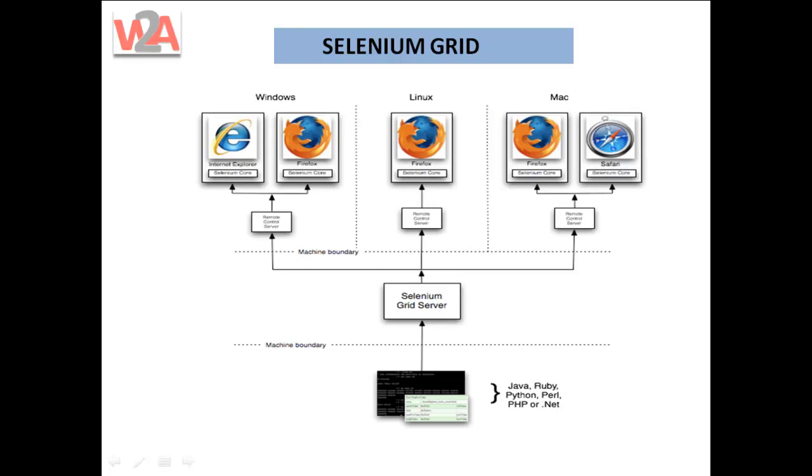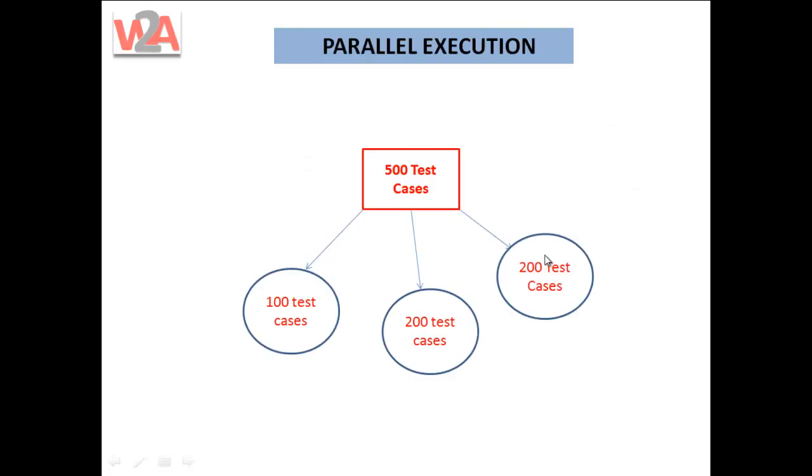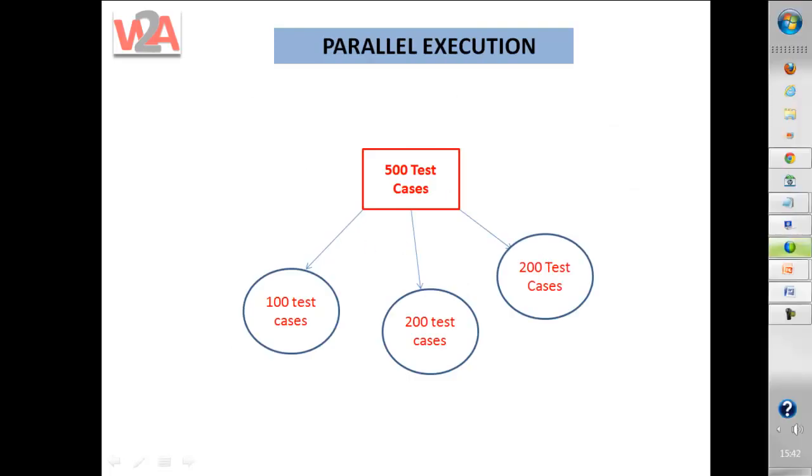Now let's take up a real-time scenario. Here let's suppose I have 500 test cases in my project, right? Then I can distribute these test cases on 3 machines, and I can have these test cases executed parallelly on these 3 machines.